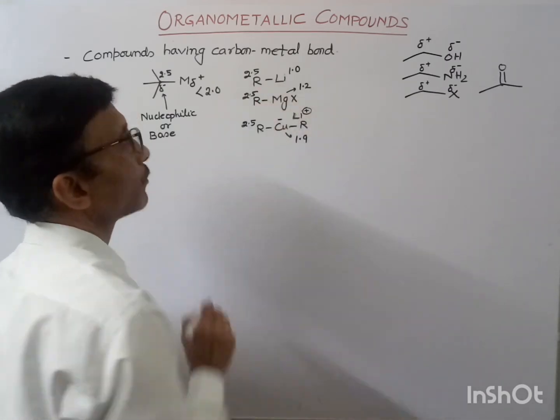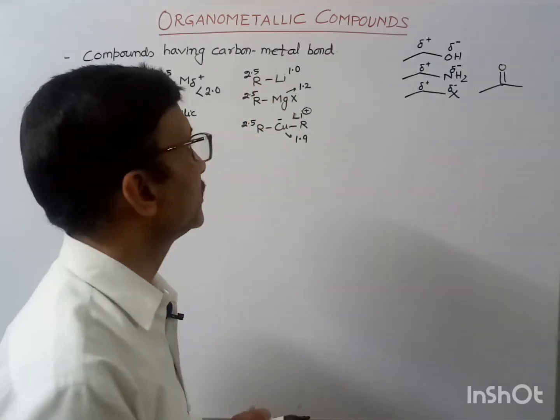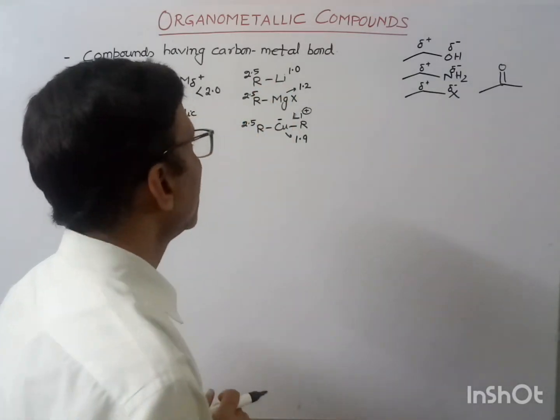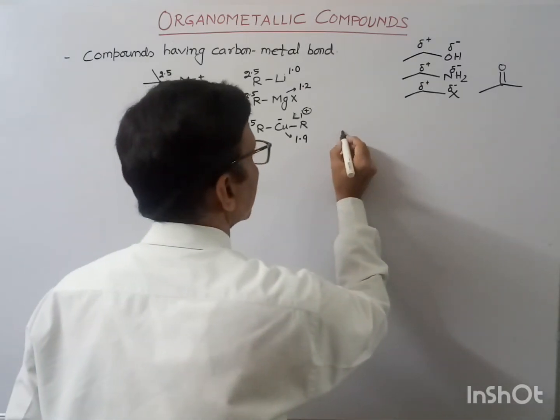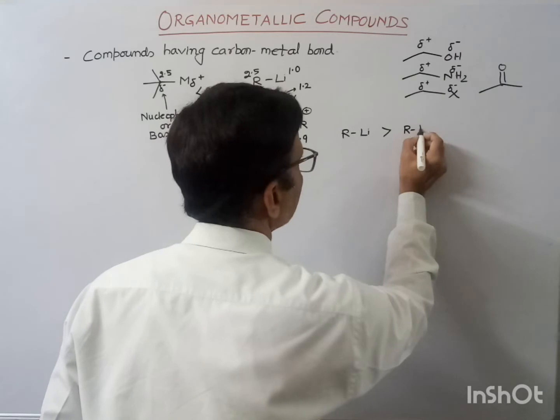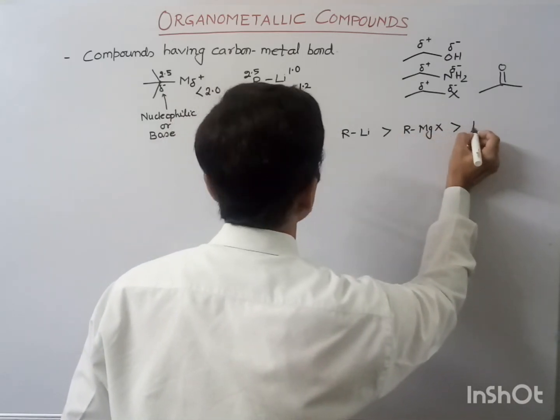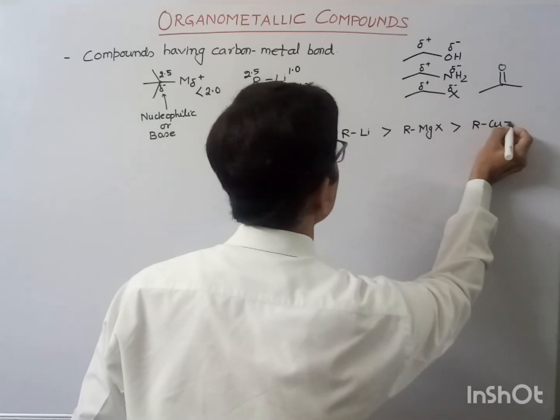The most polar bond is in the organolithium compound. That's why organolithium is more reactive than the organomagnesium compound and the organocopper compound.